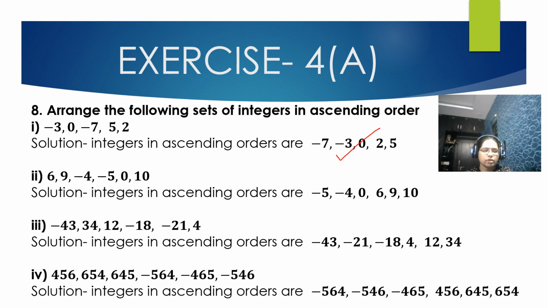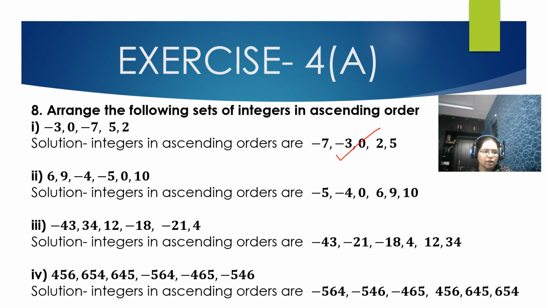As we know, negative integers are always less than the positive integers, and negative integers are always less than 0. So -7, -3, 0, 2, 5 are the integers arranged in ascending order from smallest to greatest.